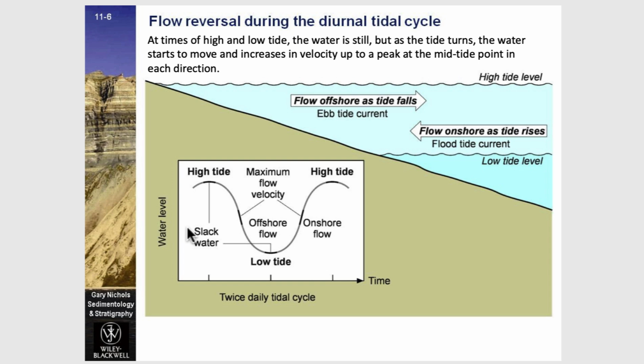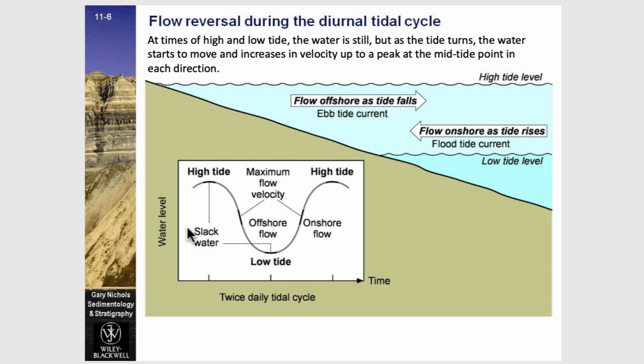So if you remember when we mentioned that we have those typical flaser bedding structures, they have a good fit with this type of process, because it's when we get those slack phases that we tend to form deposits of mud over sandstone.